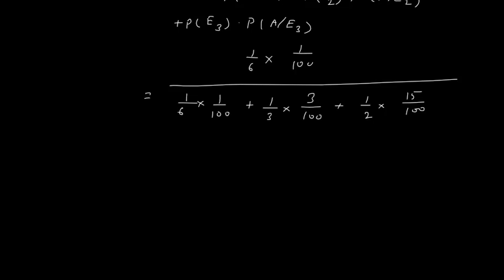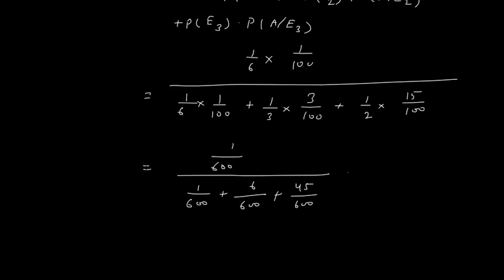This is equal to, numerator will become 1 divided by 600, and denominator is 1 divided by 600 plus, this is 1 divided by 100, but I will write this in terms of 600, so I will multiply and divide by 6, so this is 6 upon 600, and plus here this is 200, so I multiply by 3, 45 divided by 600.